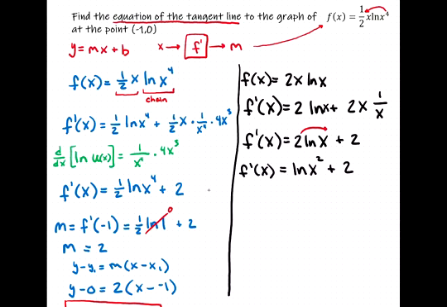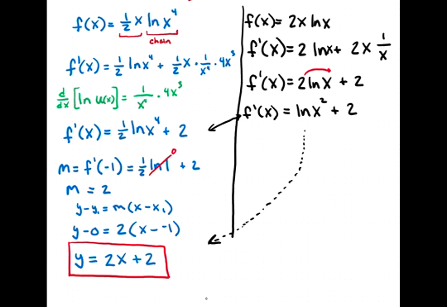And that's exactly what we have here. Well, if we were to bring the 1/2 up, we would get ln of x squared plus 2. And then I'm not going to repeat the exact same steps, but then we would end up at the exact same equation of the tangent line.